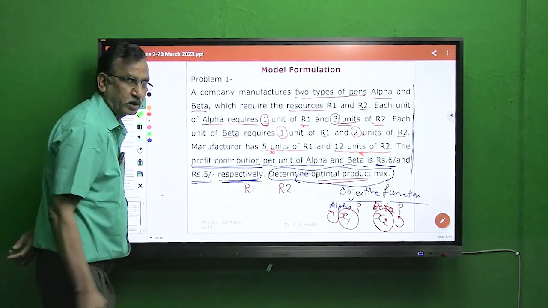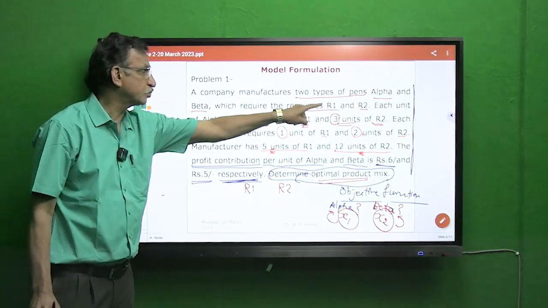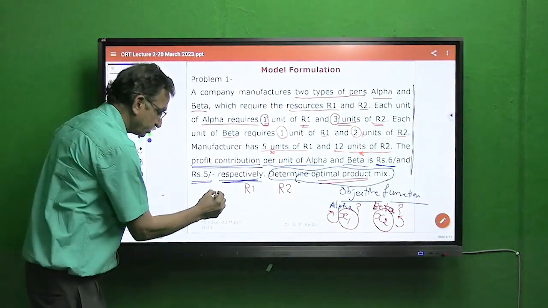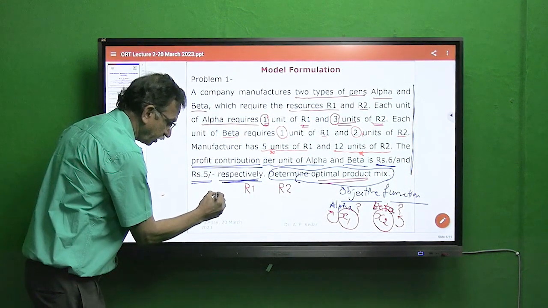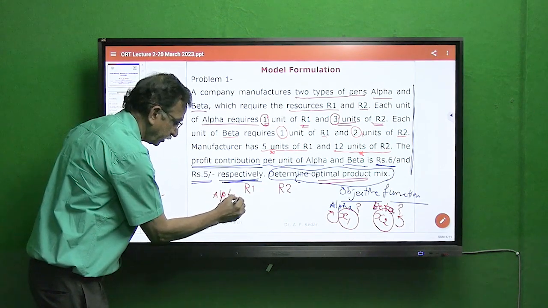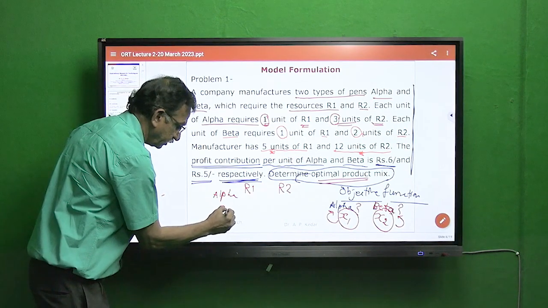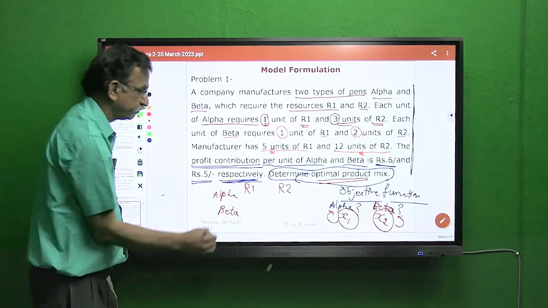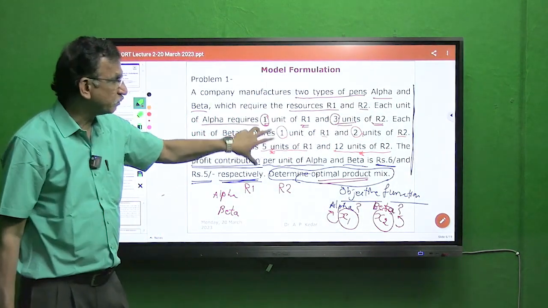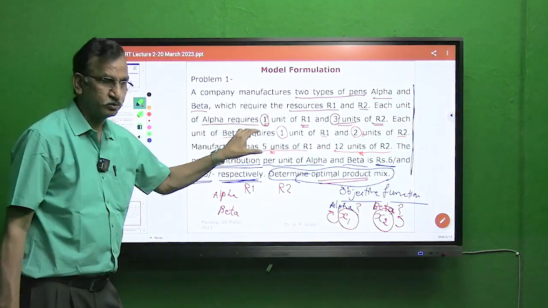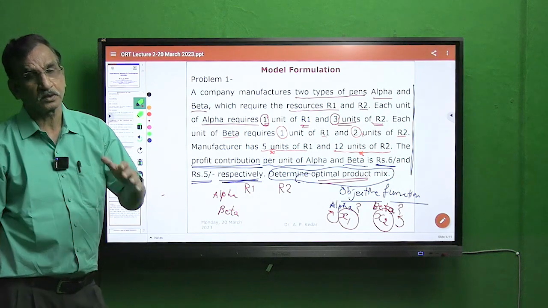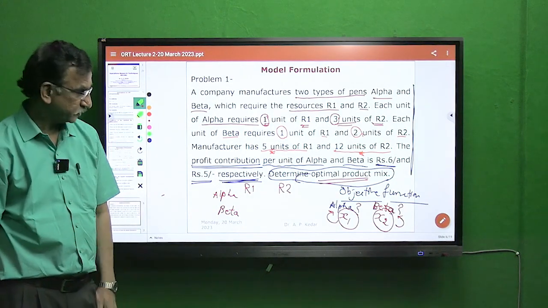R1 and R2 are two resources required for alpha and beta pen. So here I will write alpha pen, and here I will write beta pen. See what I am doing? I am summarizing all these values in tabular form for further formulation.